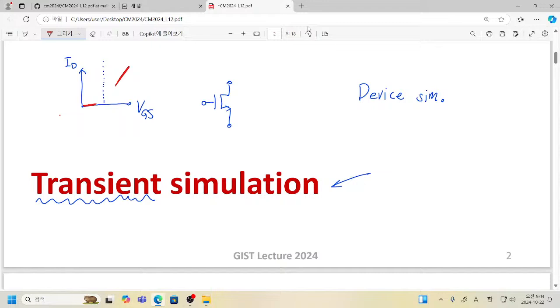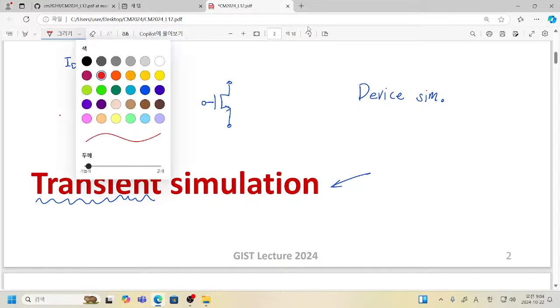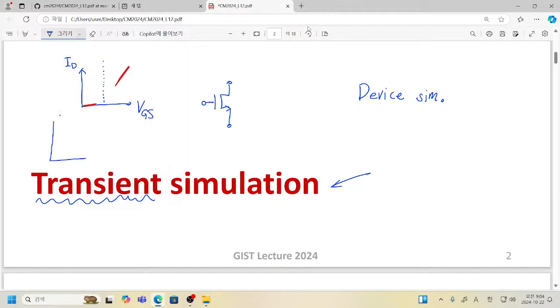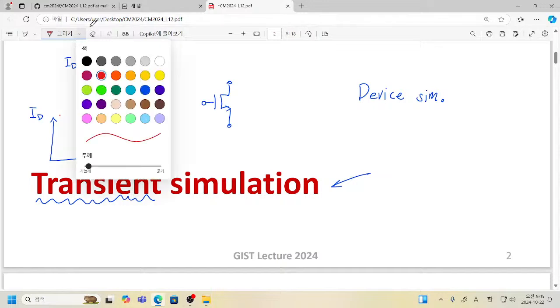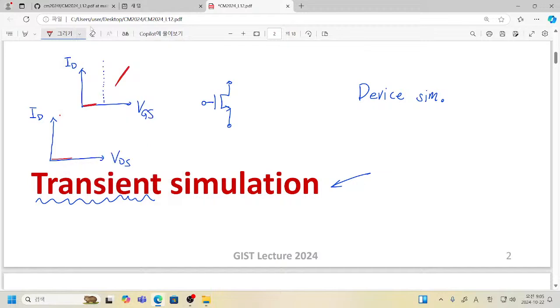Once you draw this kind of graph, usually called input characteristics, then you have to further identify the characteristics of the drain current as a function of the drain voltage. Of course, if you have applied low gate voltage, then there will be no current at all.